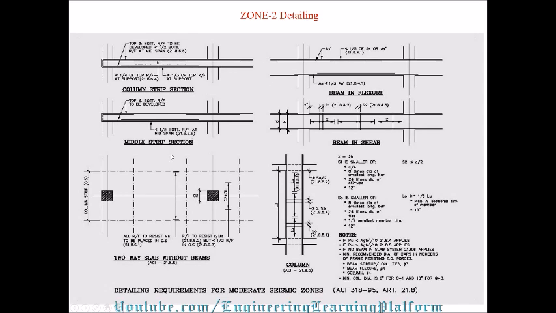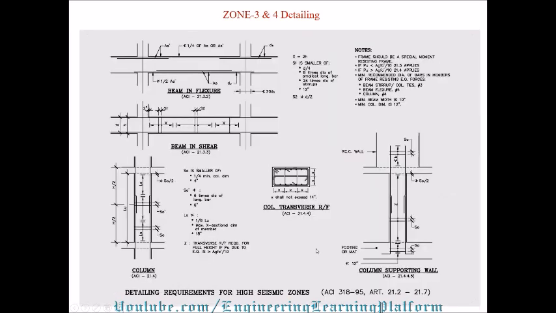Column strip and middle strip are parts of a flat slab, which we provide if we have a flat slab system or a two-way slab. Beams in flexure and beams in shear reinforcement details are also shown here as per ACI 318 code. And this is zone 3 and 4 detailing.